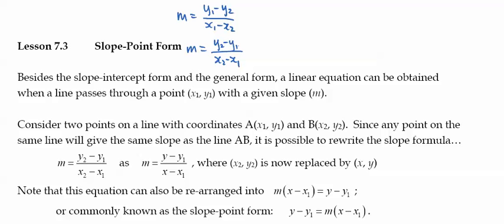And then in lesson 7.1, when we start to look at straight lines, we have y equals mx plus b. We have m being the slope, and we have b the y-intercept. And then in the previous lesson, 7.2, we did this linear equation, ax plus by plus c equals 0.